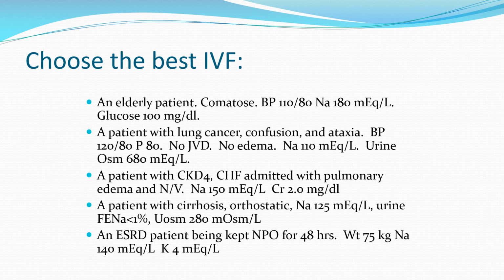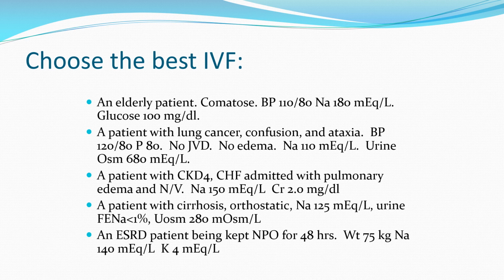In the fifth example, an end-stage renal disease patient is being kept NPO for 48 hours. The weight's 75 kilos, sodium is 140, and the potassium is 4. I bring this example up because sometimes clinicians are afraid to give any kind of fluid to dialysis patients for fear of volume overloading them.